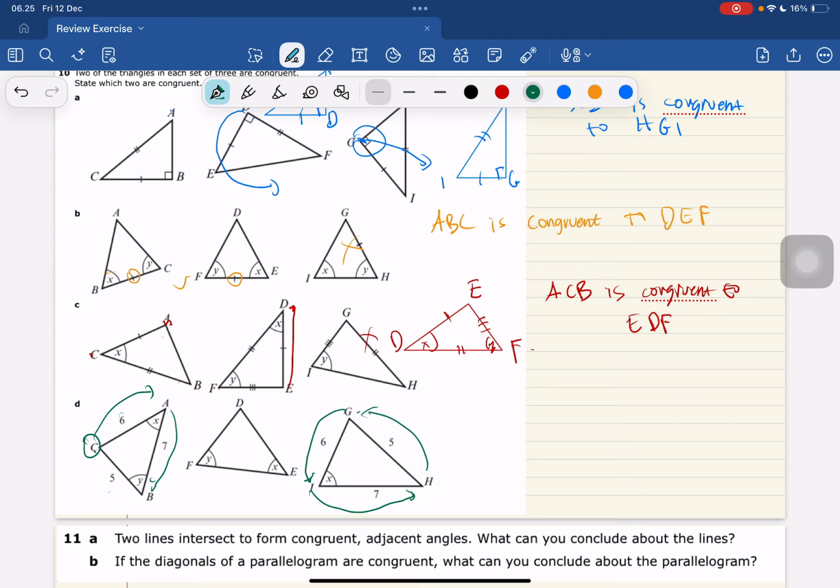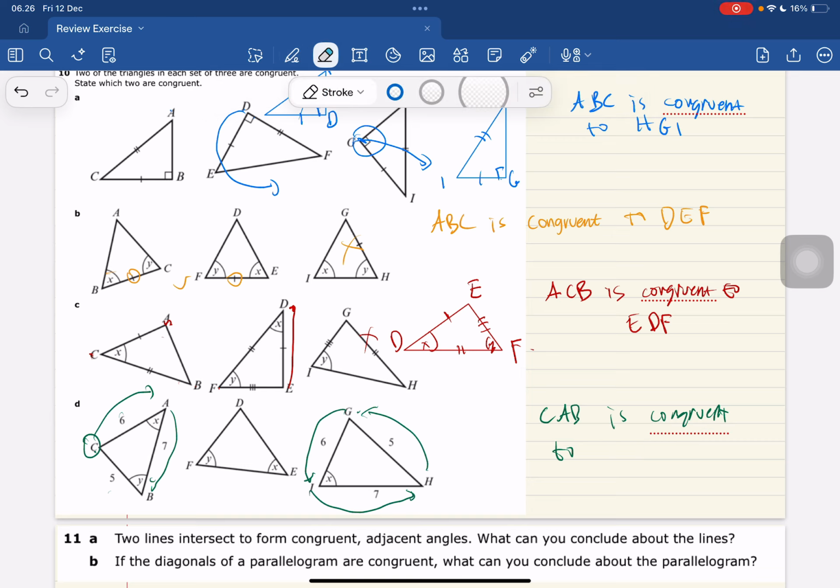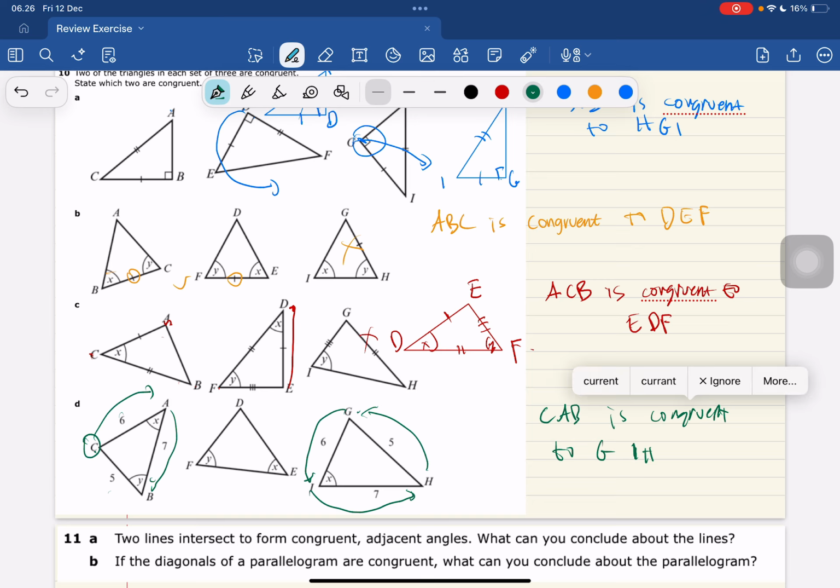So we can write that triangle CAB is congruent to triangle, not E, this is G, triangle G, I, H. Congruent.